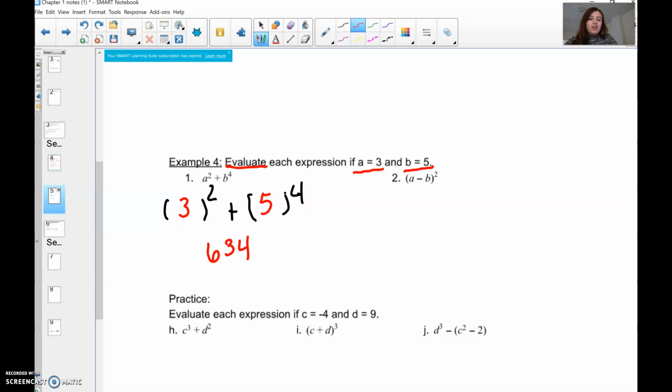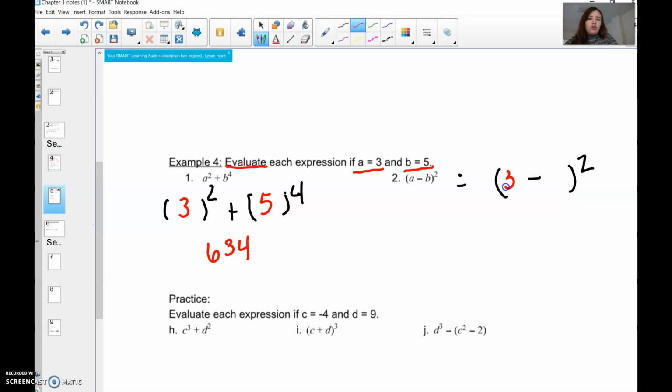All right. So for number 2, we are going to substitute in a minus b squared. And a minus b squared.